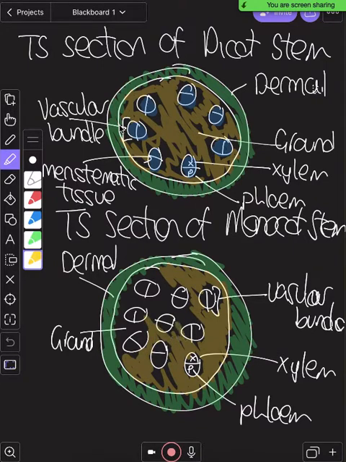So in my head, M for monocot, M for messy. The language that they like you to use for these is that it is scattered. Your vascular bundles are scattered. So as I say, M for monocot, M for messy.